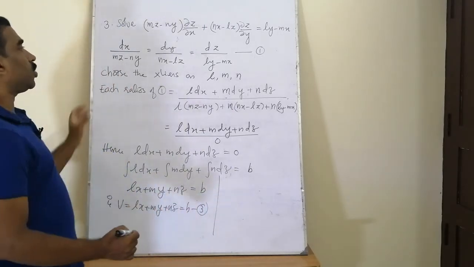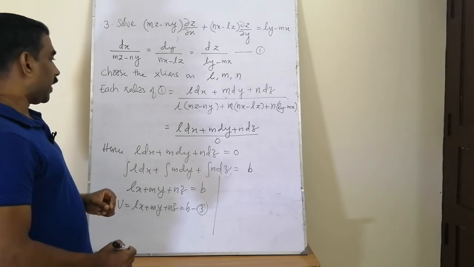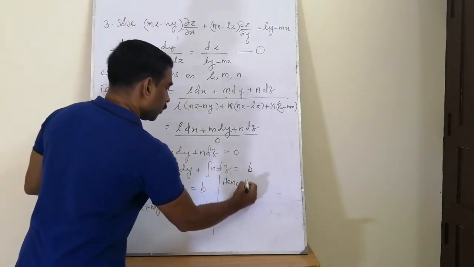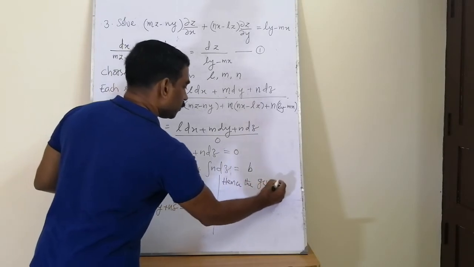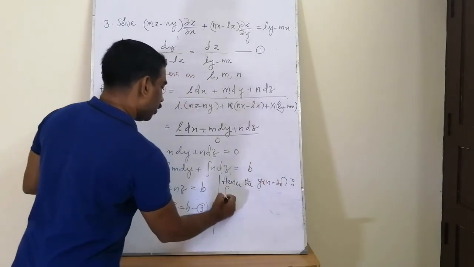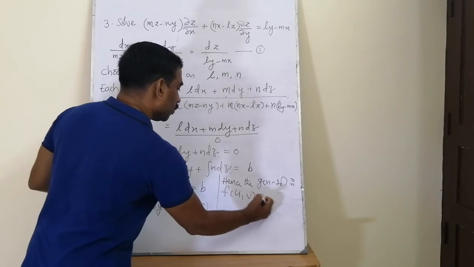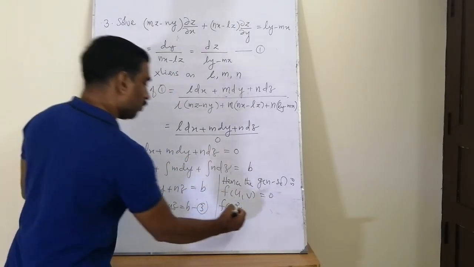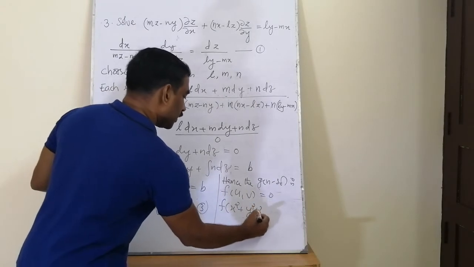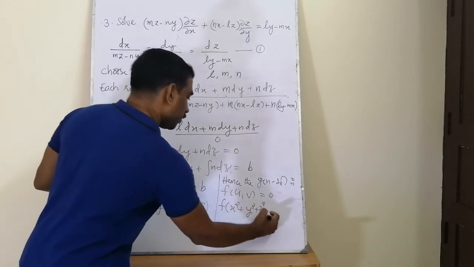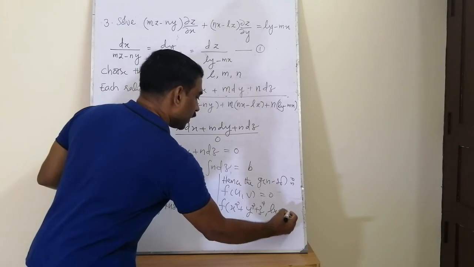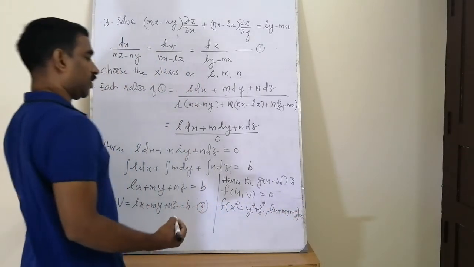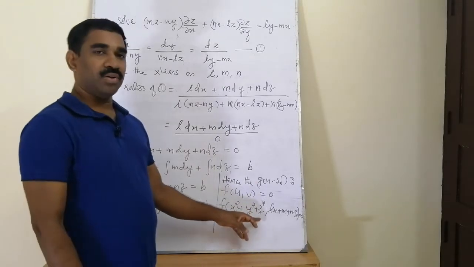And from equations 2 and 3, we can have the general solution. Hence, the general solution is an arbitrary function of u, v equal to 0, that is f of x square plus y square plus z square, comma, Lx plus My plus Nz, equal to 0, where f is an arbitrary function.